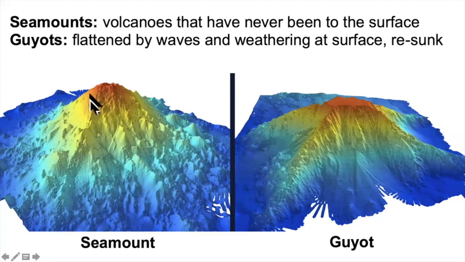Usually they have this classic volcano-like shape where they're sort of cone-like. But in contrast, a guyot is a similar mountain, but it has a really flat top here. So you might think for a second why it has this flat top. These are both generated by the same process, which is volcanic eruptions on the seafloor. But this guyot here has to be weathered very differently than the seamount.